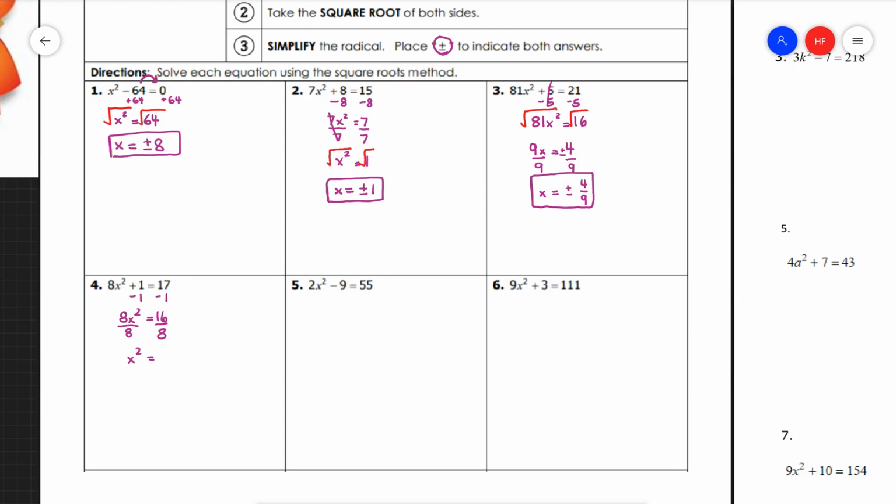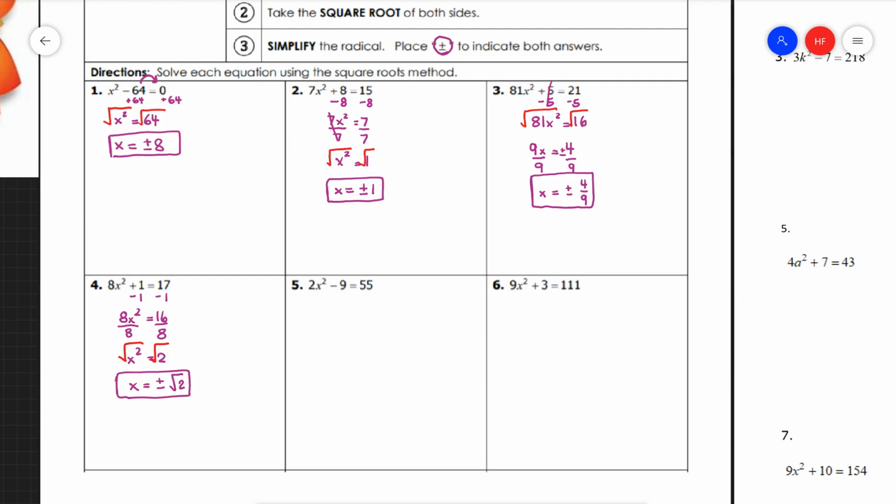X squared equals 2. And then I have that of that form. So I can take the square root of both sides. And I get x equals plus or minus the square root of 2.